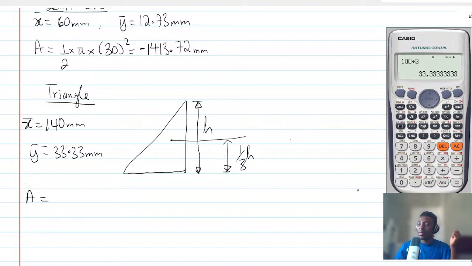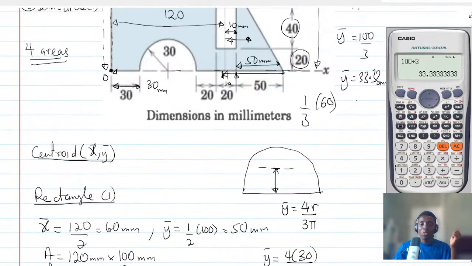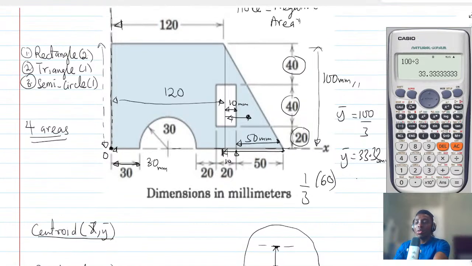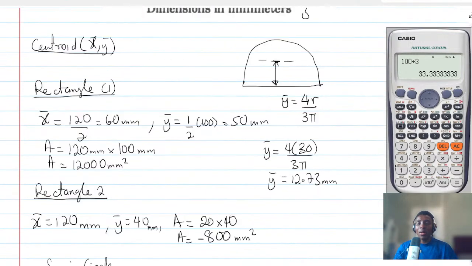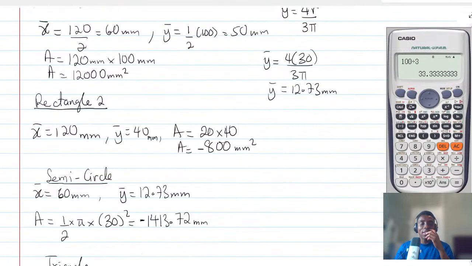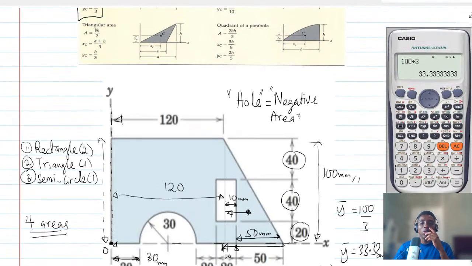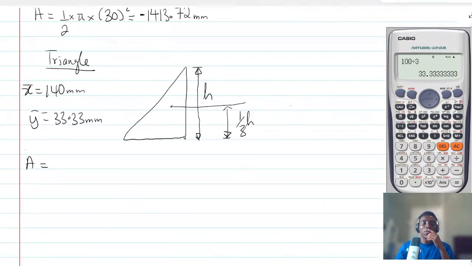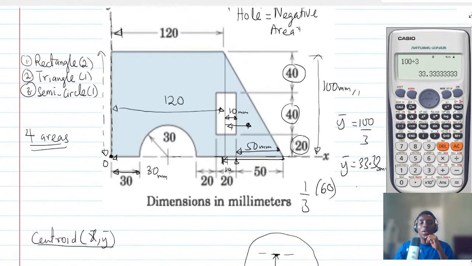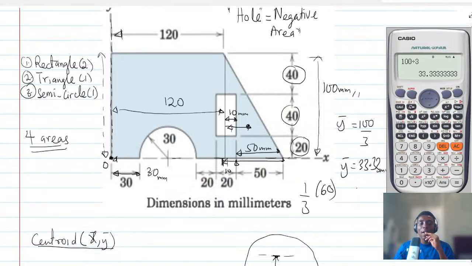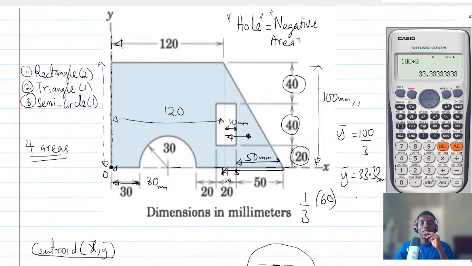How about the area? So the area of this is going to be what? So what is the area going to be? So essentially, the area is going to be half times base times height. Now the base is what? So the base is actually 60 and the height is 100.